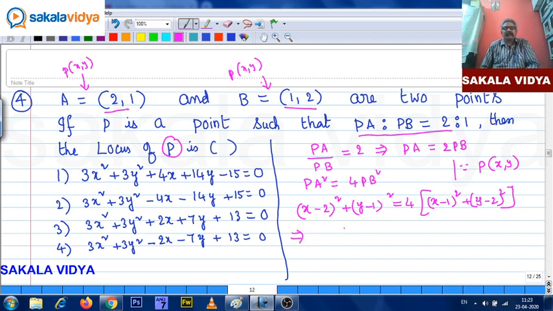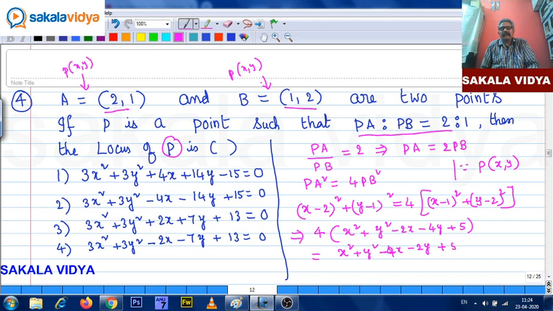So first I will simplify like this: 4 times this will be x square plus y square minus 2x minus 4y plus 1 plus 4, that is 5, is equal to x square plus y square, left hand side simplification, minus 4x minus 2y plus 5.